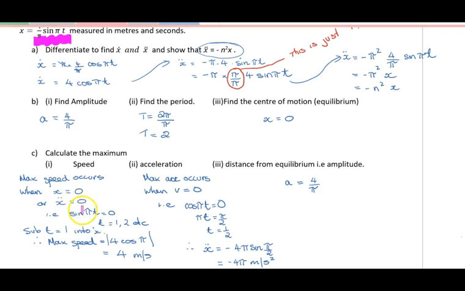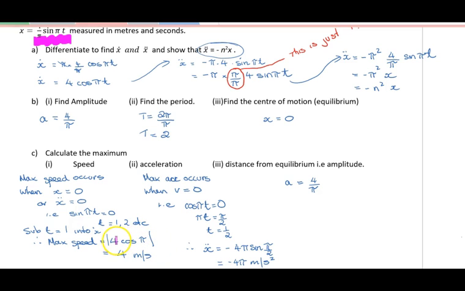The only way then that displacement or acceleration can be 0 is if the sine part of it is 0. What will make that 0? Well, t would have to be a 1 or a 2. It could be a 0, but say t is equal to 1. Sub that in for the speed, and speed will be the absolute value of the velocity.